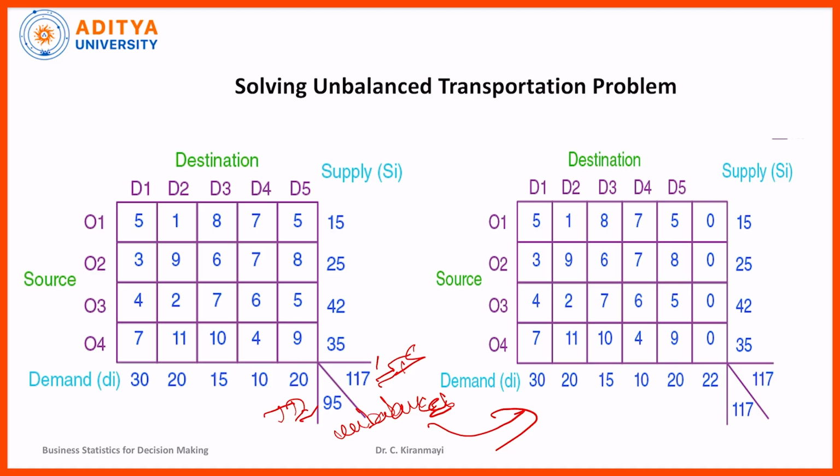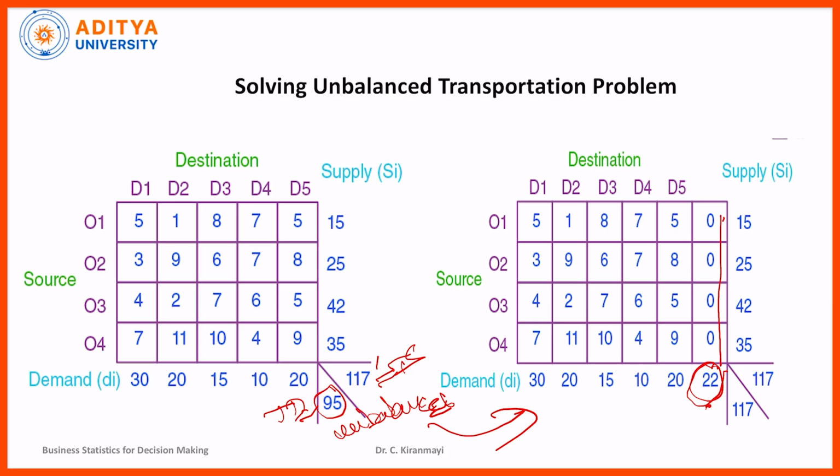Whichever is lesser, that row or column we have to add. Since here the total demand is less, add additional demand. How much demand is lesser? 22 units, that is 117 minus 95 equals 22. Therefore add one column with all the costs as zeros, and the balance demand we have to add here.